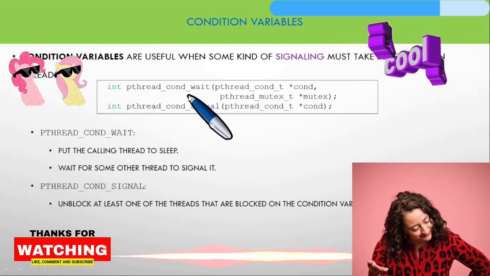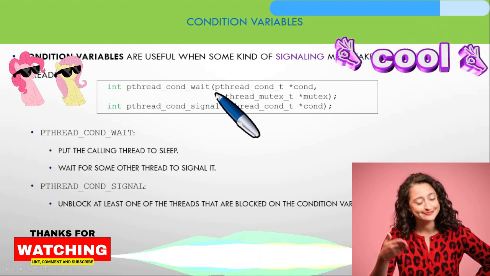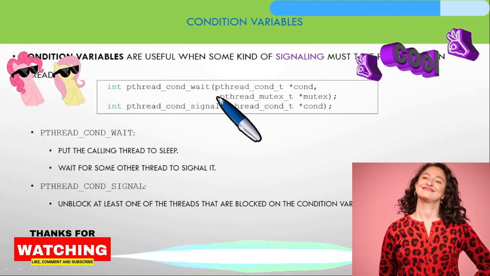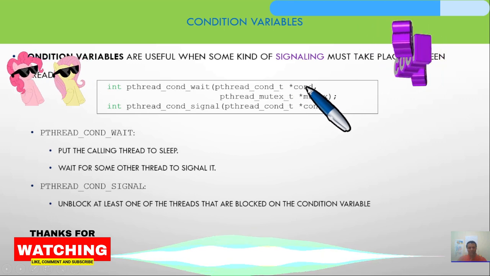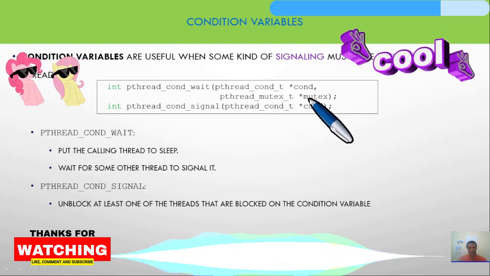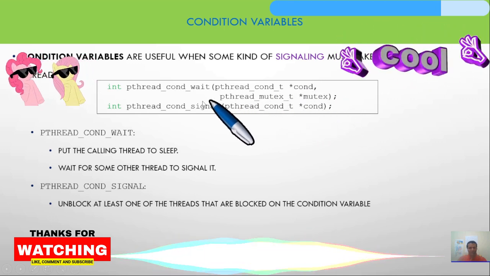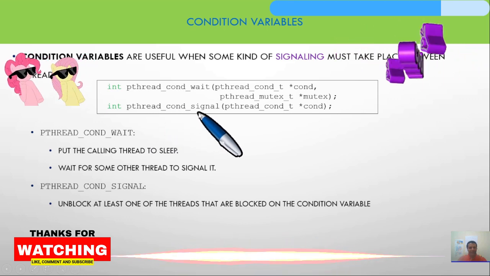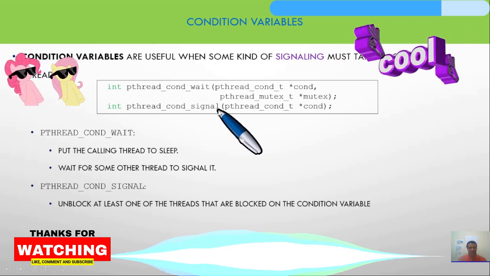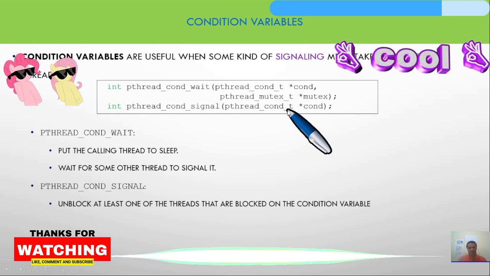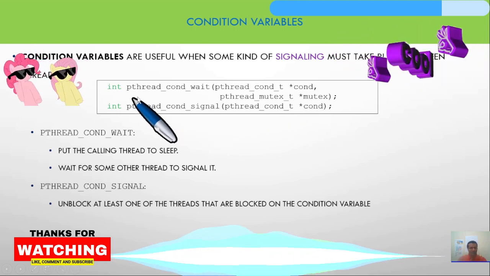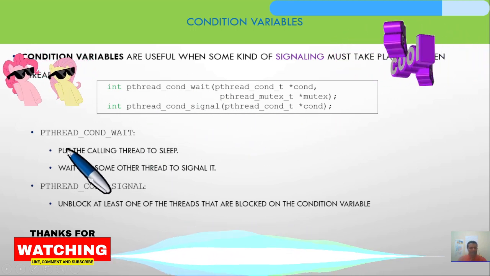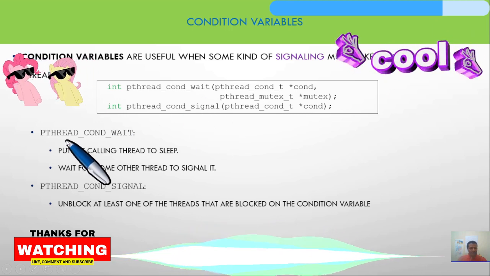Here we have pthread_cond_wait(pthread_cond_t *cond, pthread_mutex_t *mutex) and pthread_cond_signal(pthread_cond_t *cond). So this is the syntax. Let's see what it does.